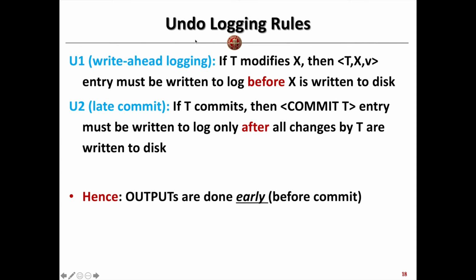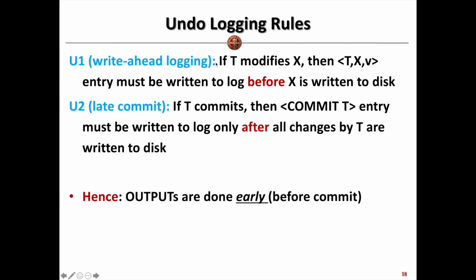For undo logging to work, we have to follow these two rules. Write-ahead logging: before we write something to the disk, we have to log the record <T, X, V>. Also, before we commit the transaction, we have to make sure all the changes made in the transaction have been written to the disk already.